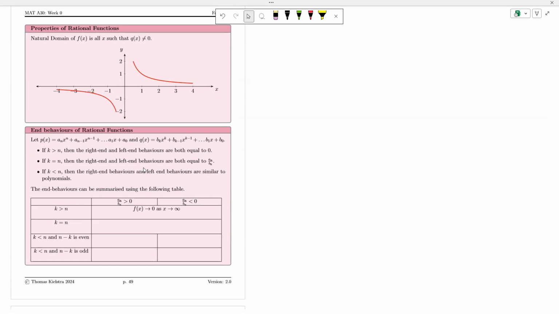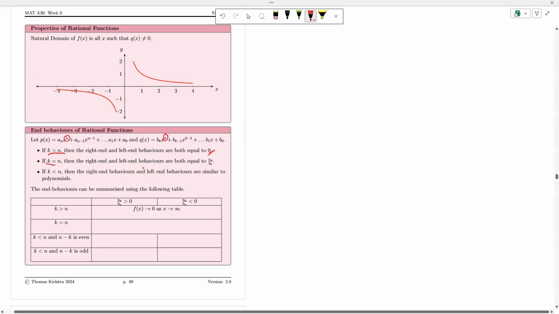If we have p of x being one polynomial and q of x being a second polynomial, and k is the degree of the polynomial in the denominator and n is the degree of the polynomial in the numerator: if k is greater than n, the right end and left end behaviors are both equal to 0.